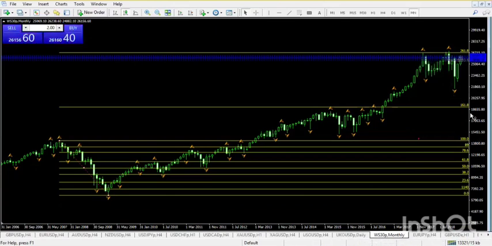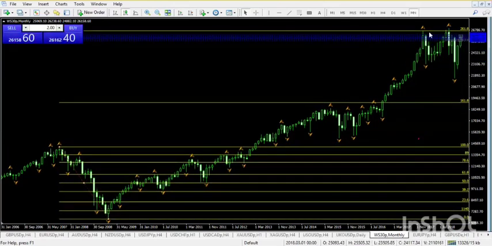And this resistance is very powerful. The first collision certainly is a reversal, but it can't go further than this easily. And the pullback is 161. That's going to build new tides.